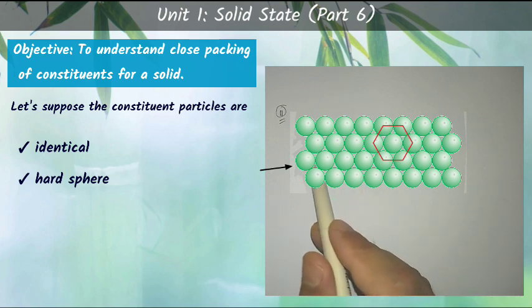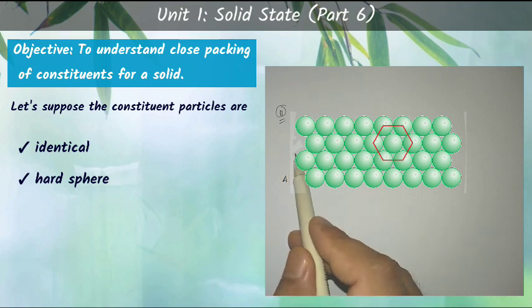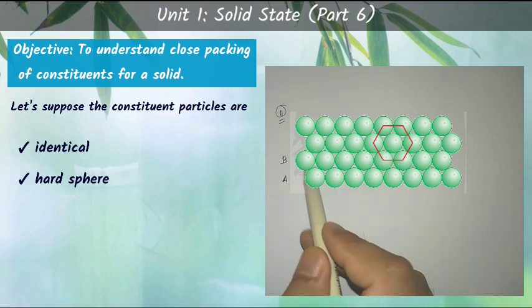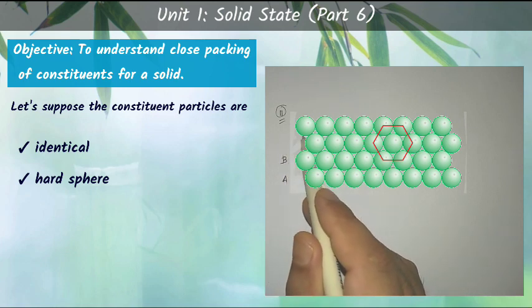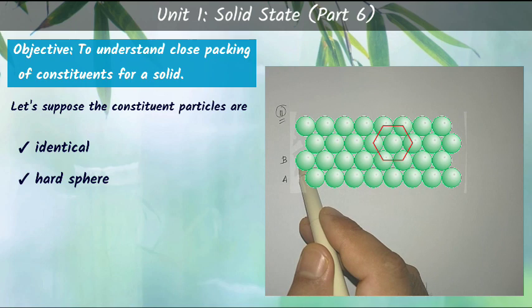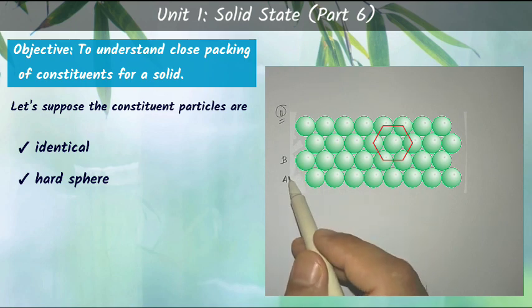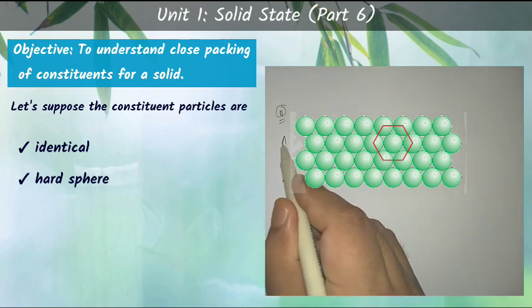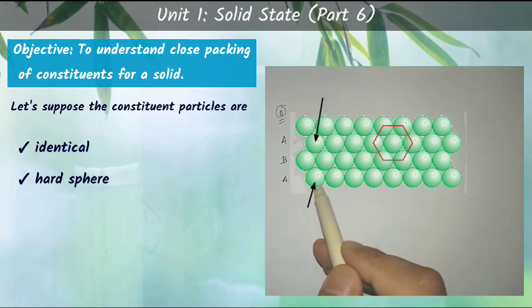Let's suppose this is your A layer, and the second layer, because it is staggered, will be different from this one, so it will be layer B. The third row is staggered to the second one, and the first one is also staggered to the second one. That means the first row and the third row will be the same, because this atom will be exactly above this atom.